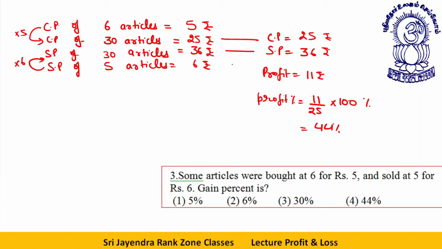So from next time onwards, when these figures are like this, okay, 6, 5, 5, 6, what you immediately do is just take the square of this number, this 5. While CP the cost was 5, the square is 25, while SP the cost will be 36.